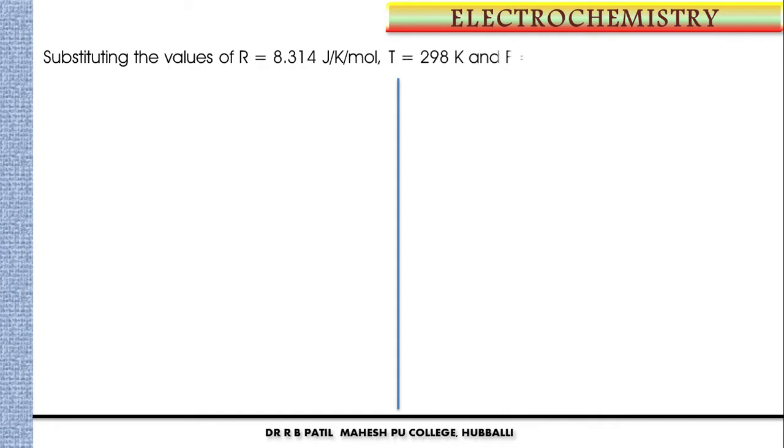Assume that we are going to calculate electrode potential at 298 Kelvin. Let us keep temperature constant and vary the concentration.